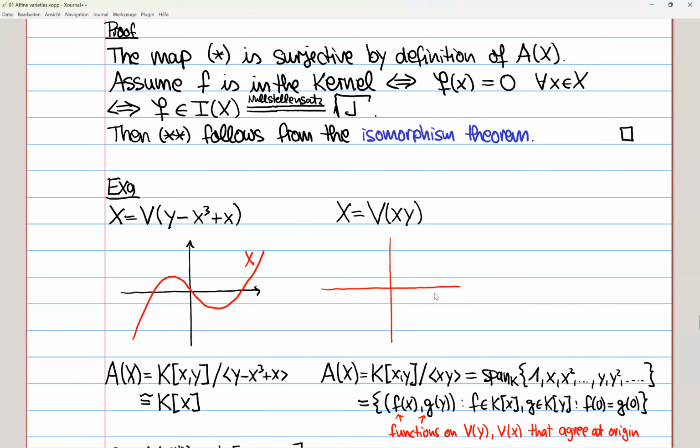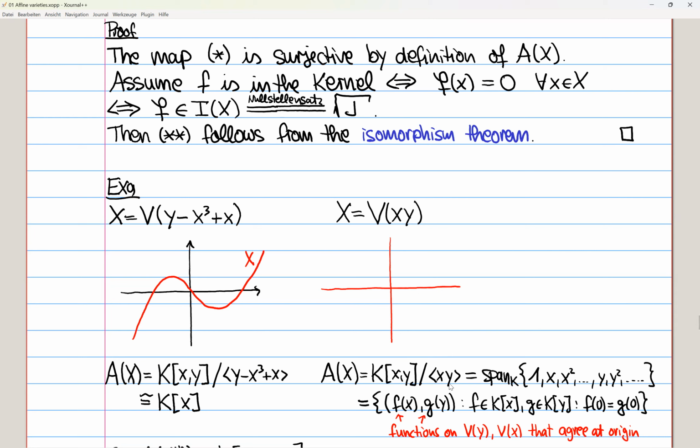So it is kind of a union of two simpler things, something that we're going to look at more carefully in a bit. But still, we can ask what is its coordinate ring? And again, the theorem tells you it's k[x,y] modulo the radical of x times y.